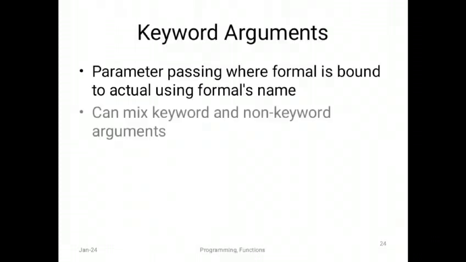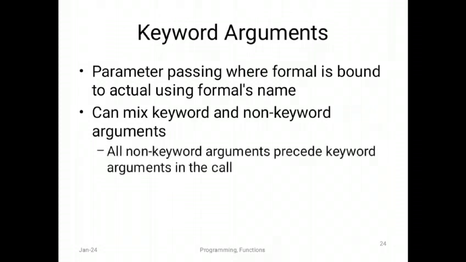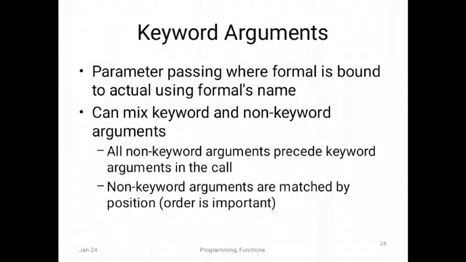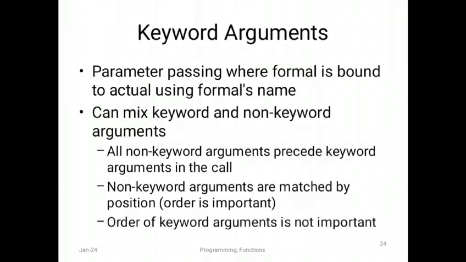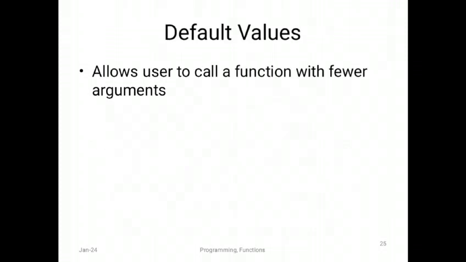Then keyword arguments. Parameter passing where the formal is bound to the actual using the formal's name. It can mix any keyword and non-keyword arguments. All non-keyword arguments precede keyword arguments in the call, and non-keyword arguments are matched by position. Then default values.